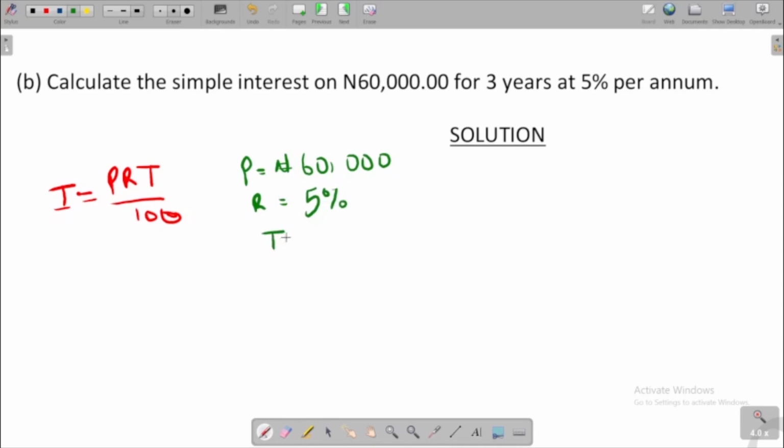And the time here is the duration, maybe the years you are given, so you have 3 years. So to get your simple interest, you input the values in this formula. Your P is 60,000.